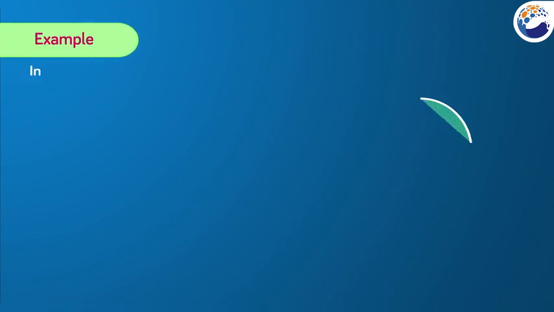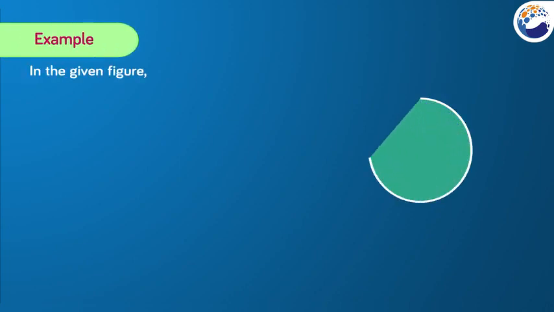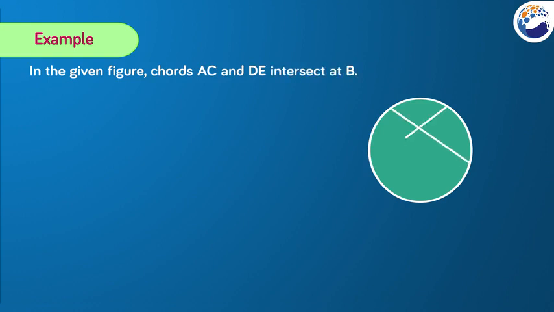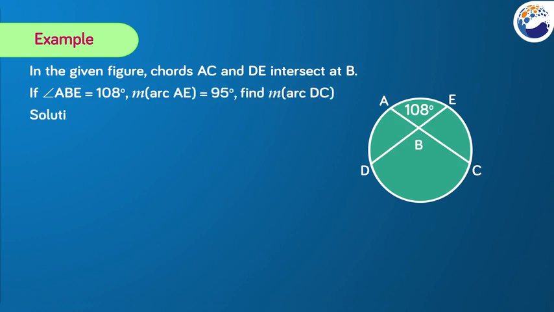Example: in the given figure, chords AC and DE intersect at B. If angle ABE is equal to 108 degrees and the measure of arc AE is equal to 95 degrees, find the measure of arc DC. Solution.